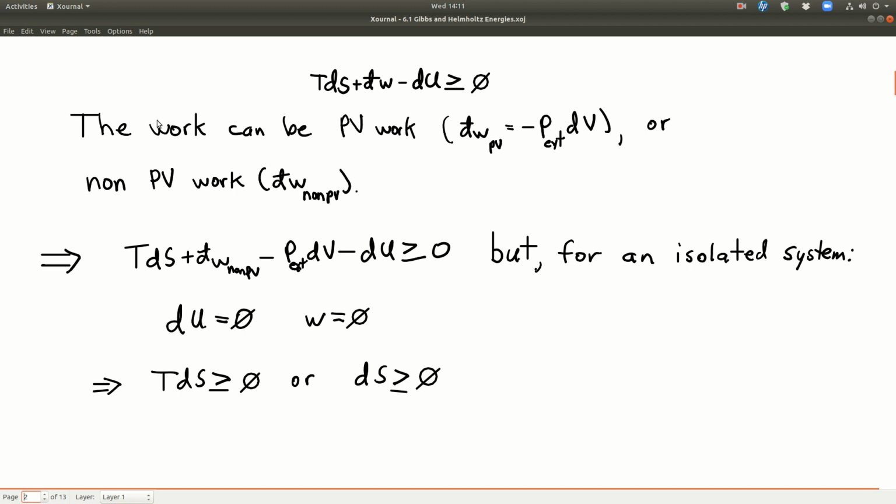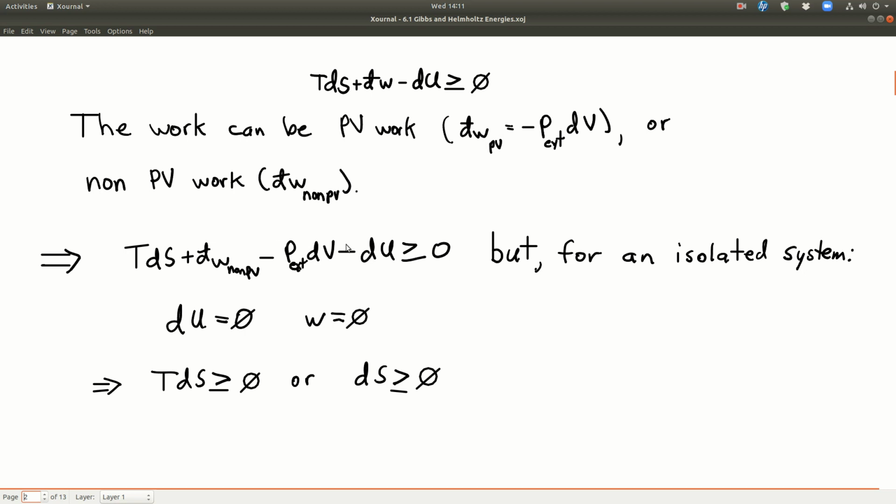PV work, we're going to write as negative P external dV, at constant pressure. And the non-PV work we'll call d̄w non-PV. So writing this term as the sum of these, we get this expression right here.